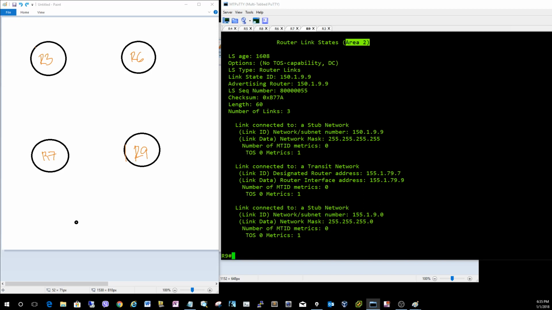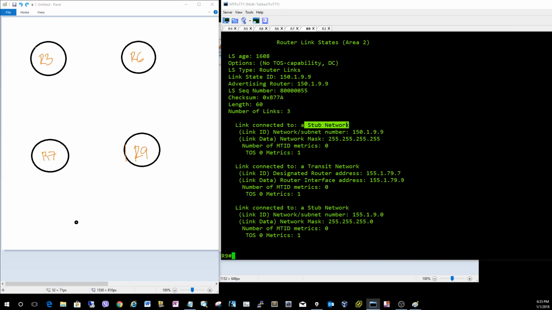This is my router ID, and I am advertising myself with this router ID. I have 3 links, namely this one right here, which is one of our loopbacks, and it says that it's a stub network. Please note the stub network is different from a stub area.